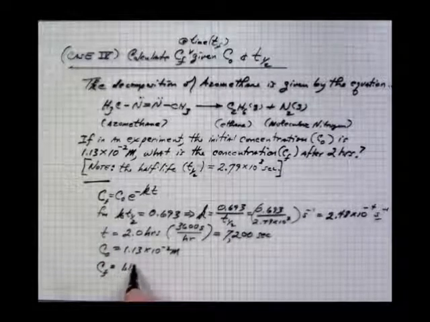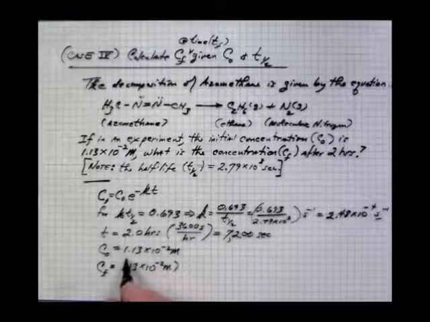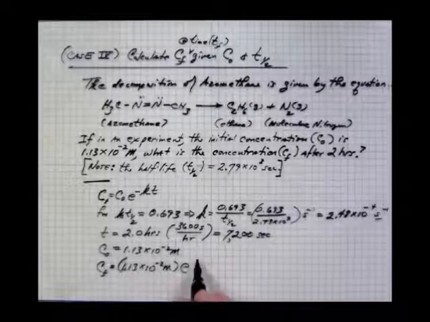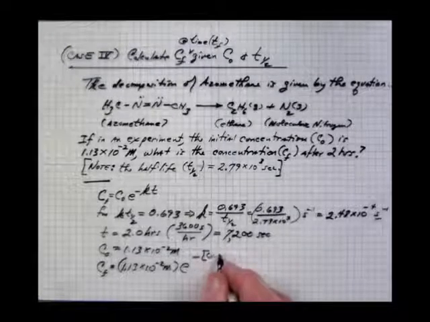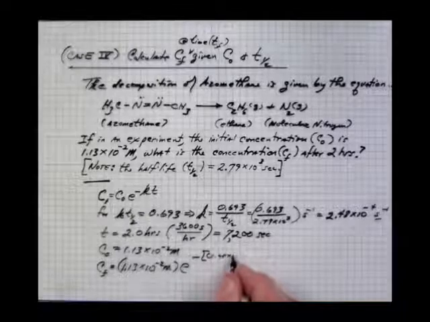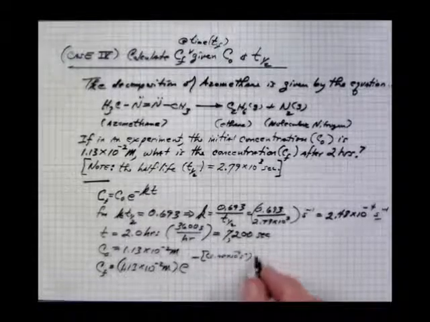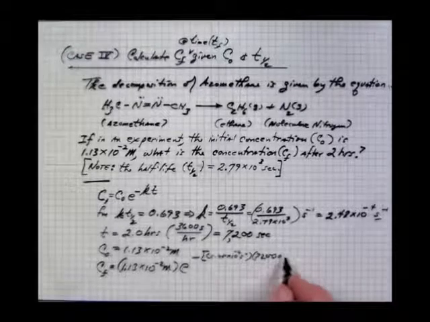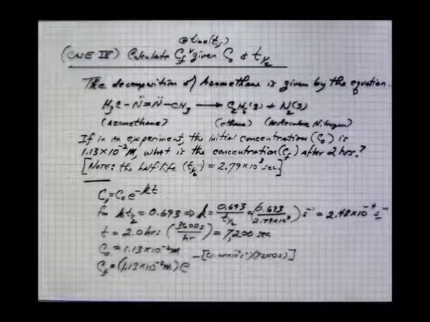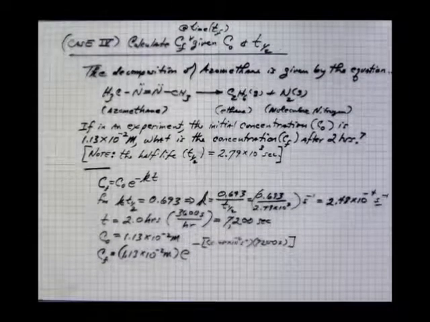It equals 1.13 times 10 to the minus 2 molar, and that'll go e to the minus K value, 2.48 times 10 to the minus 4 seconds to the minus 1 times the 7,200 seconds.